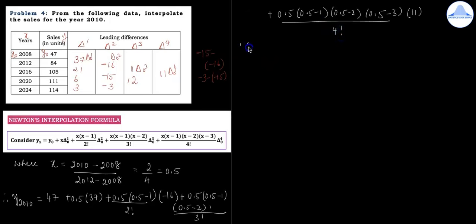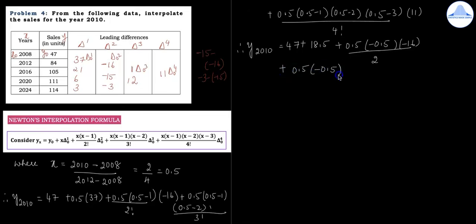So you will get therefore y 2010 is equal to 47 plus 18.5 plus 0.5 into minus 0.5 into minus 16, 2 factorial is 2, plus 0.5 into minus 0.5 into minus 1.5 into 1, 3 factorial is 6, plus 0.5 into minus 0.5 into minus 1.5, then into minus 2.5 into 11 divided by 4 factorial is 24.